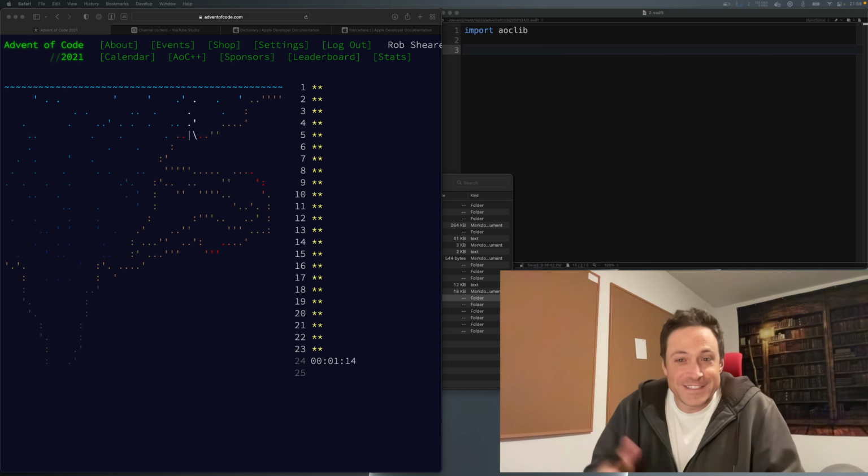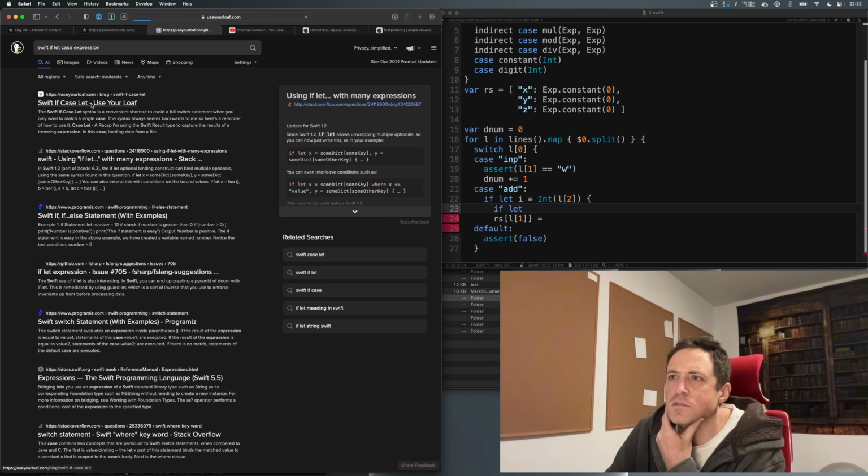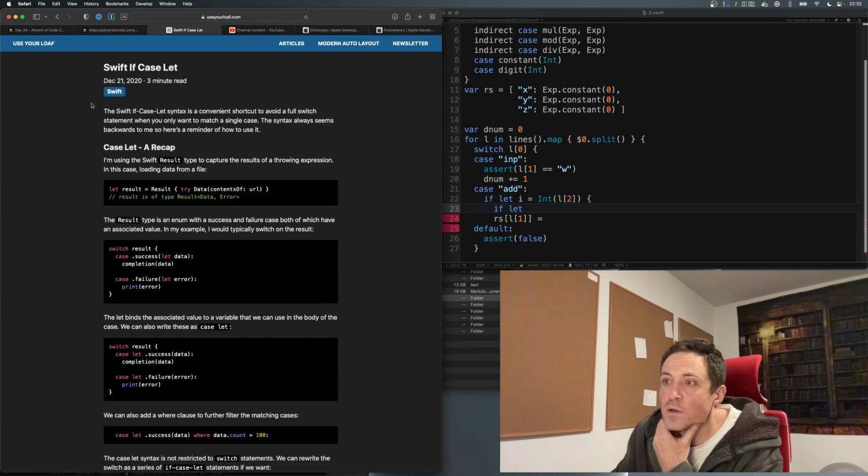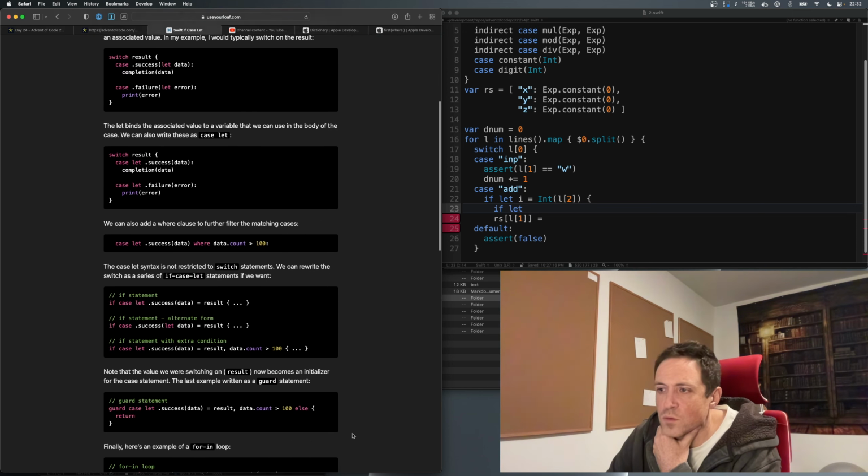Swift, if let case expression. Swift if case let. Here we go. You can also, I don't know.